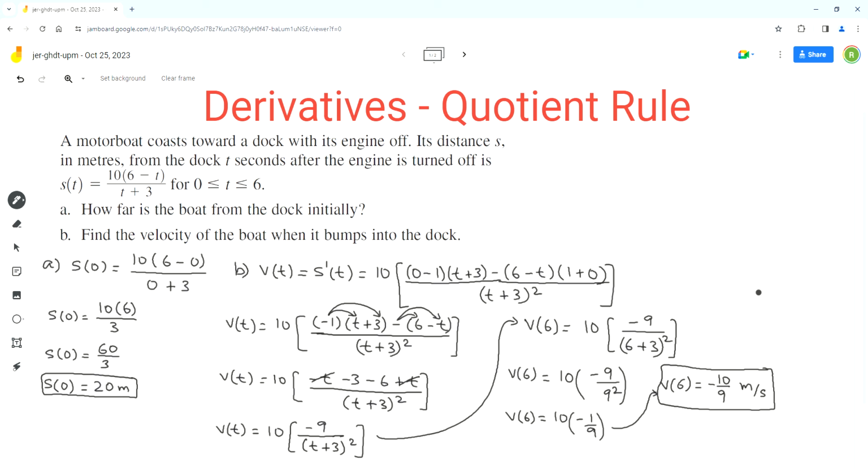So these are the steps you have to keep in mind to solve this type of problem. It's very important to understand that since the given domain for the position function is from 0 to 6 seconds, that means 0 is the time when the engine is turned off, and at 6 seconds the boat reaches the dock. So that's why we're finding the velocity at 6 seconds.